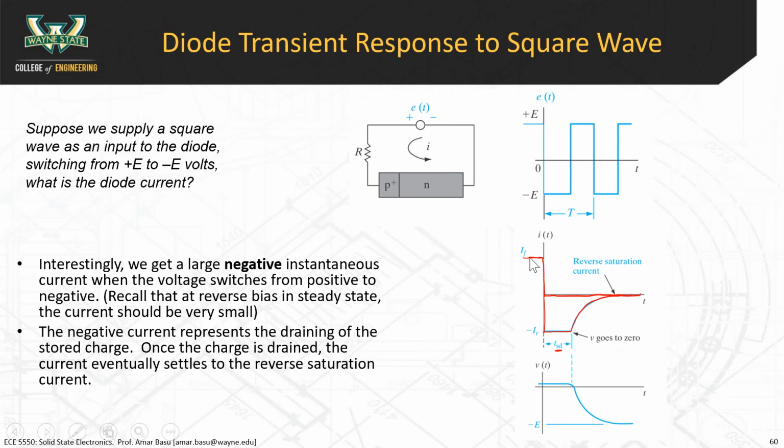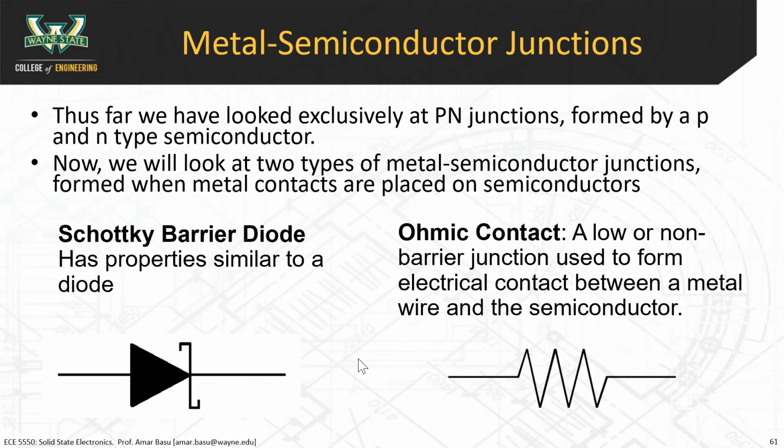So you get these interesting effects because of the charge storage transient, and those are things that people have to be careful about when they are operating the diode at high speeds.